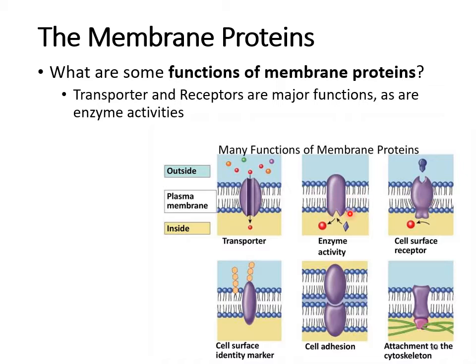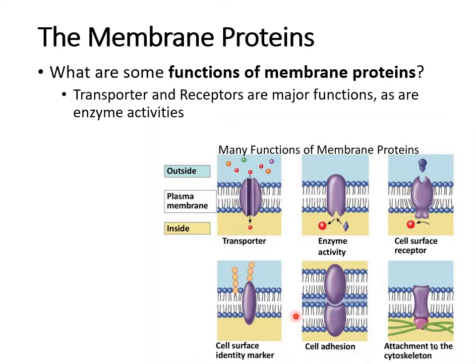And additionally, their enzymatic roles are very significant in our course because, as we saw in the first of the lectures that I did with you, enzymes really control everything within cells, all of the reactions. So it's significant that membrane proteins can have enzyme activity as well. There are also some other functions that may not be mentioned as much in this chapter, but are mentioned in significant detail in a lot of the other classes.